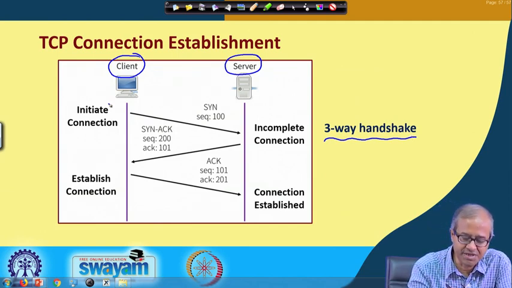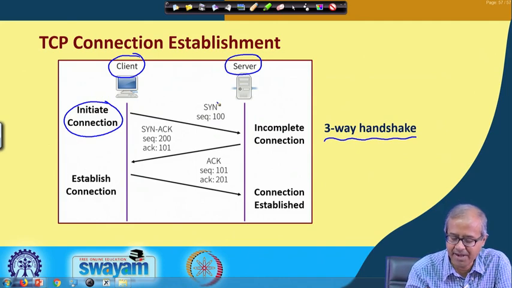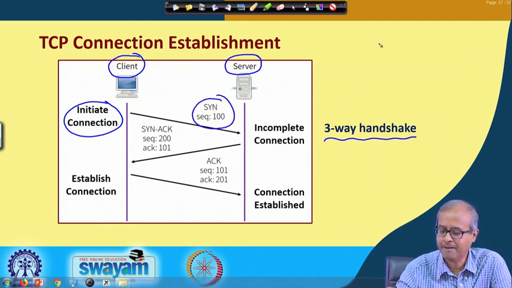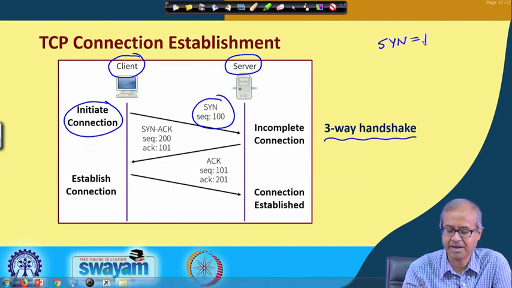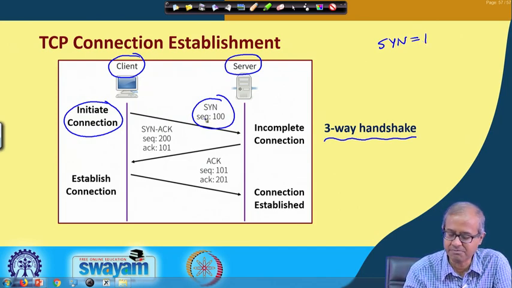The first step is to initiate the connection. The client will send a packet with the SYN flag set. First, the SYN flag is set to 1 and a packet is sent. Some sequence number will be carried with the packet, let us say 100 as an example.